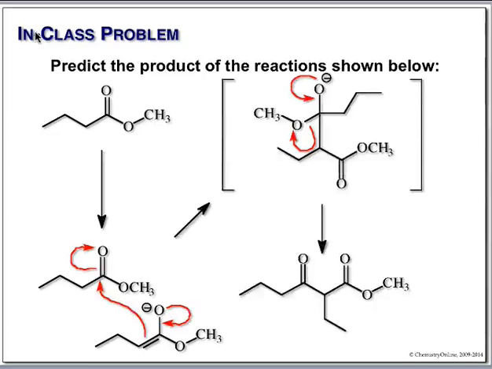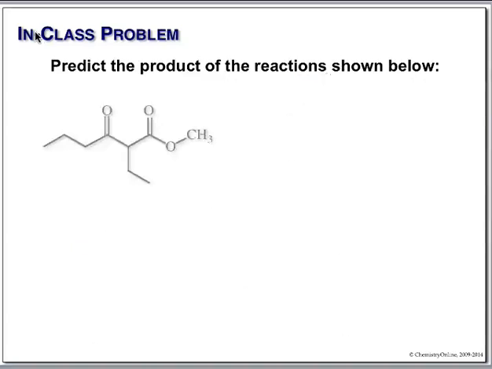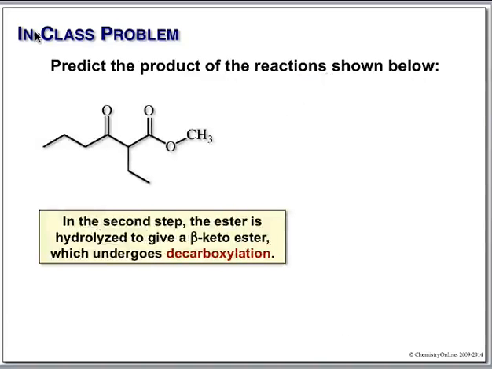The second thing we did, step 2 in our reaction, we took this and dumped it into acid. In the presence of acid, we're going to hydrolyze our ester to carboxylic acid. It's going to go away as CO2, so we're going to lose this whole chunk.